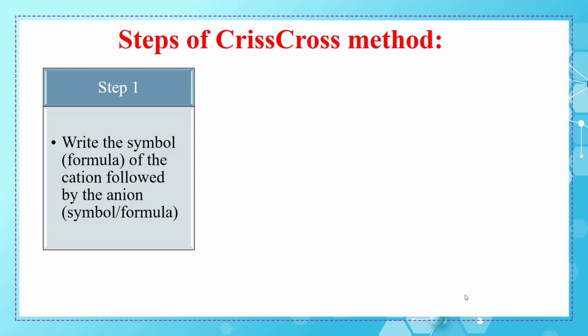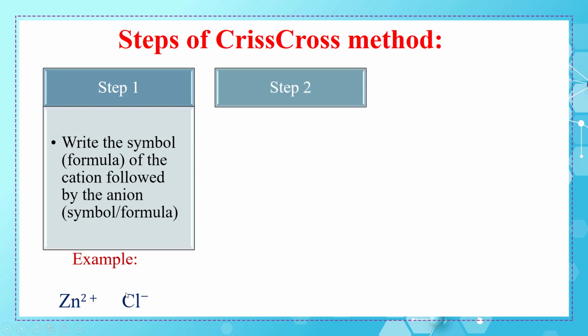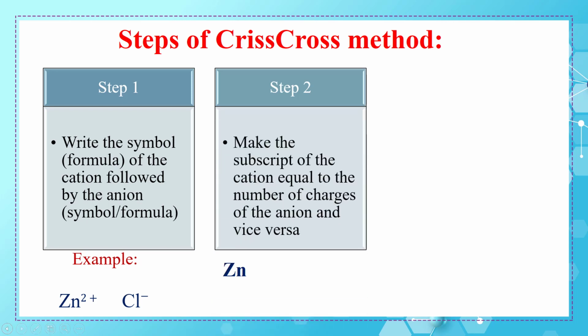Let us apply on an example. Here we have Zn2 plus with Cl minus. We start writing the cation firstly, then followed by the anion. Step 2, we want to make the subscript of the cation, which is Zn2 plus, equal to the number of charge of chloride ion.